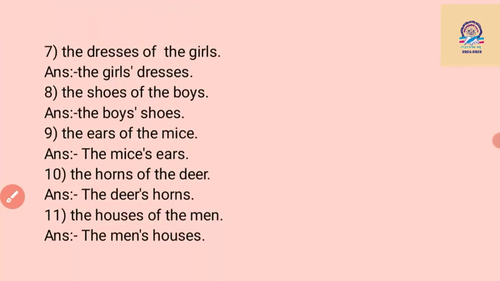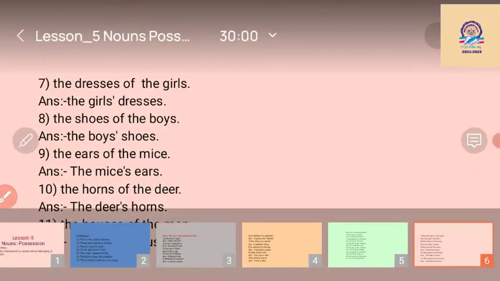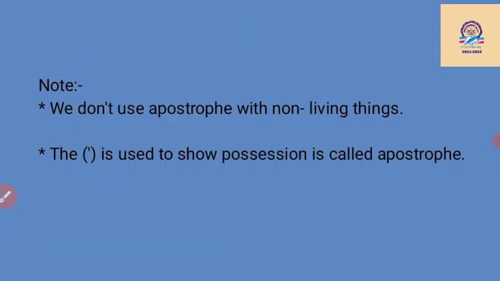So remember it carefully here. The important note is given here. We don't use apostrophe with a non-living thing. We cannot use apostrophe s with a non-living thing. Apostrophe s is used with living things only.